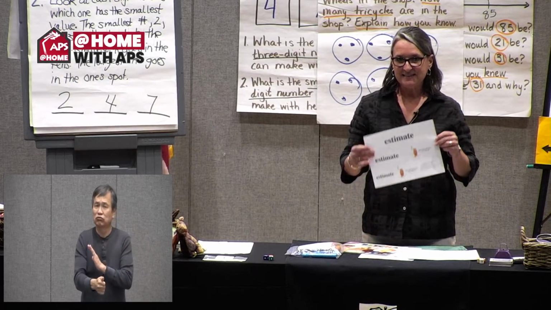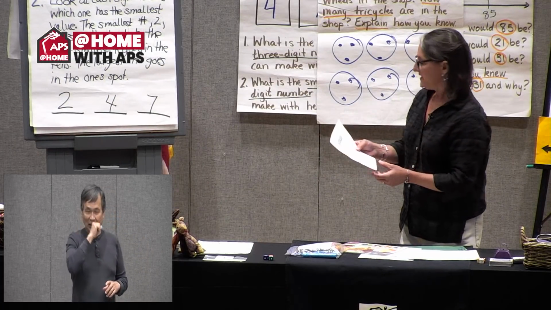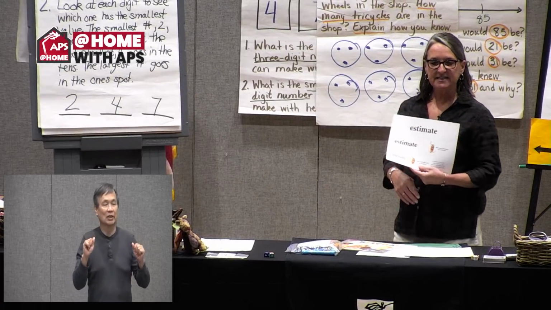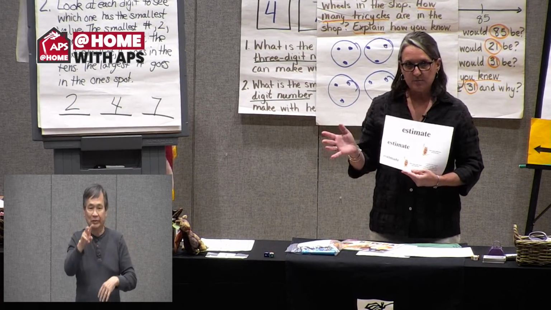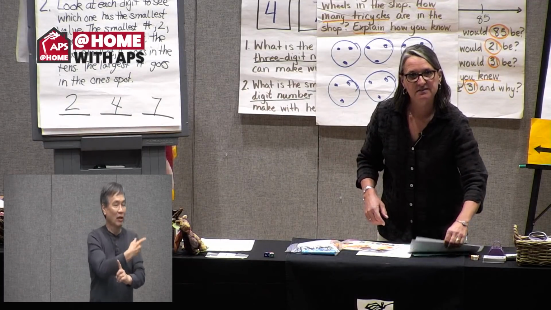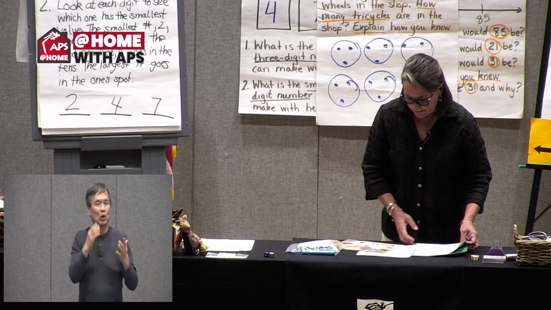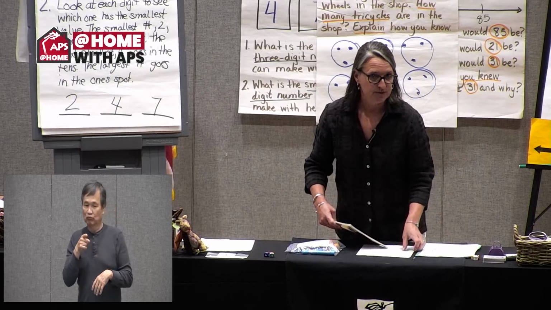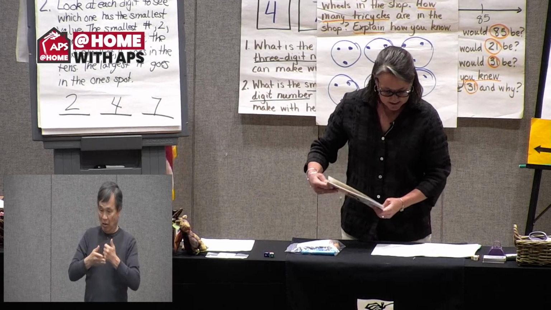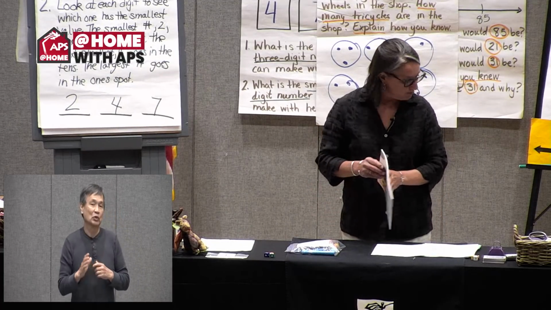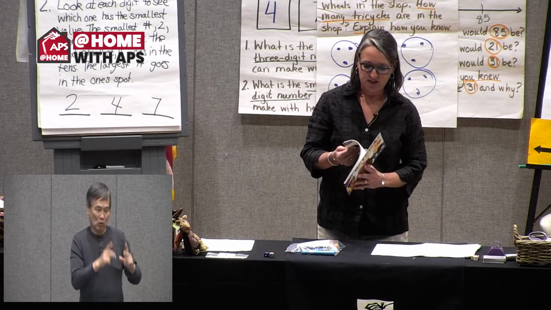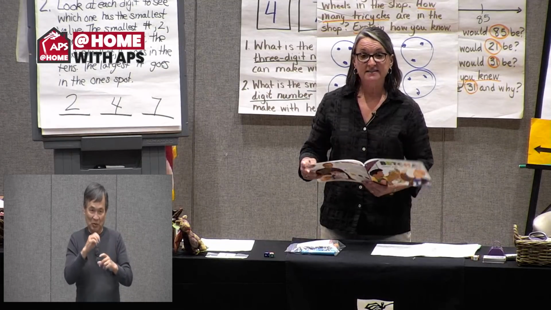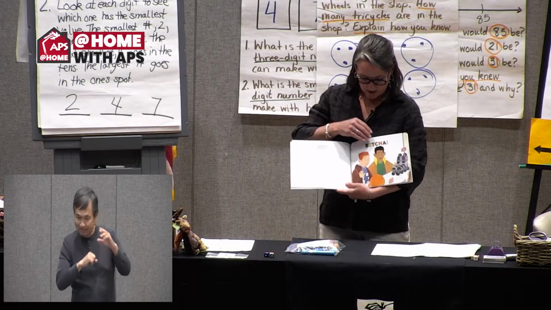So when we estimate, we are trying to make an educated guess about how many there are of something. Not a random wild guess, but a guess based on some things we know about numbers that can help us. So let's go ahead and read about how the characters in this book put estimation to work.